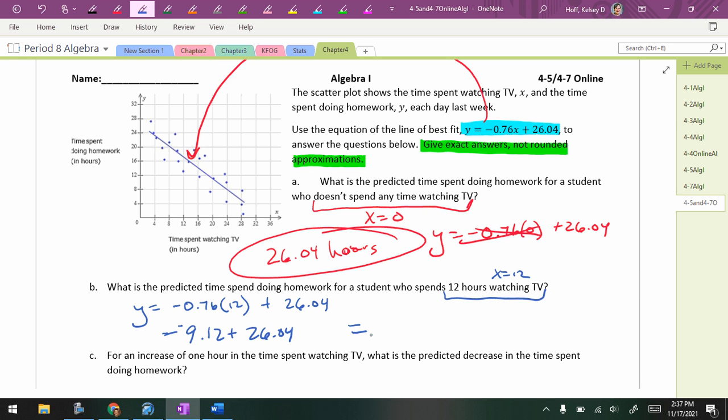What'd you get? 16.92, that's what I got too. 16.92 hours.